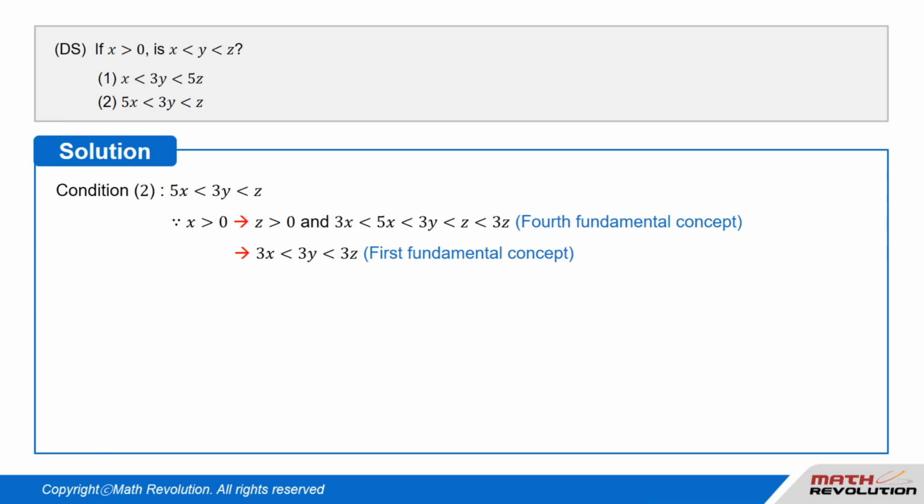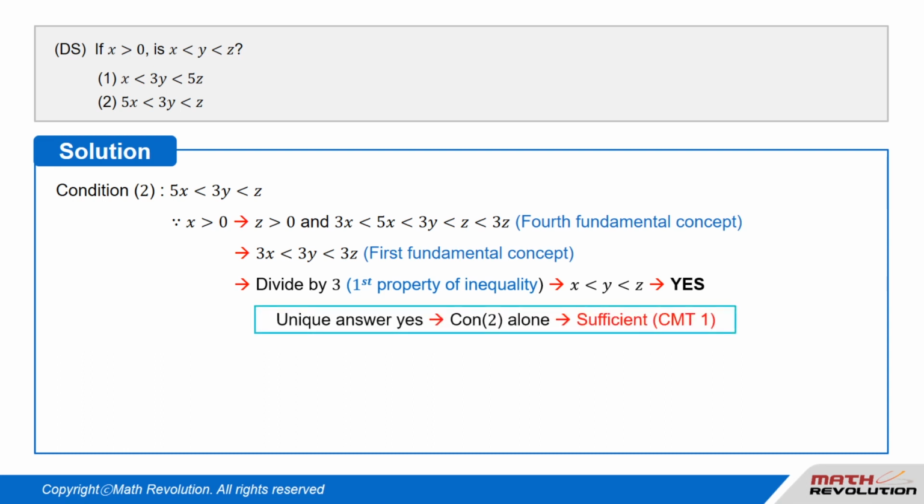That is, 3 times x is less than 3 times y, which is less than 3 times z, by the first fundamental concept in inequality. Then dividing the inequality by 3, by the first property of inequality, which is the positive rule in inequality, we get x is less than y, which is less than z. According to CMT1, this condition is, therefore, sufficient, as it gives a unique answer that is yes.